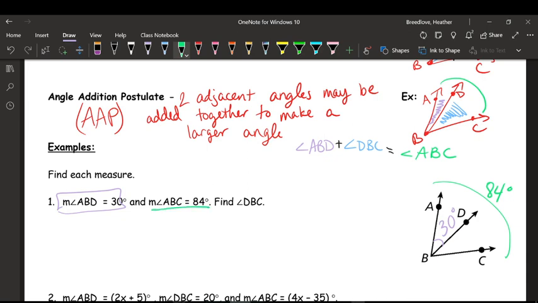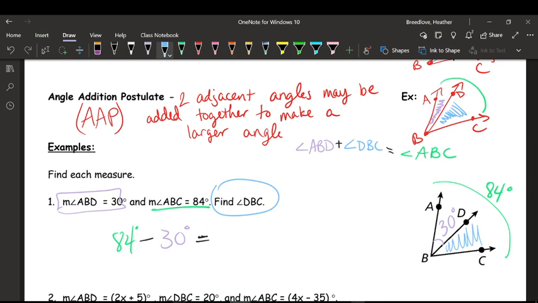And then it says to find DBC. DBC, that's the one I'm trying to find. So because I know I can add the two little ones together, it's going to equal the larger one. If I already have the larger one, 84, I can subtract the one I know, 30 degrees, and what's left over is going to equal the missing piece, right?